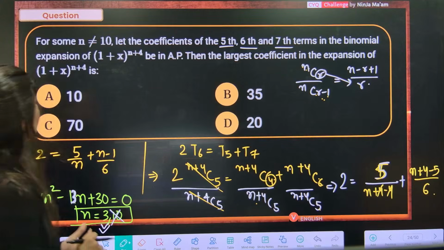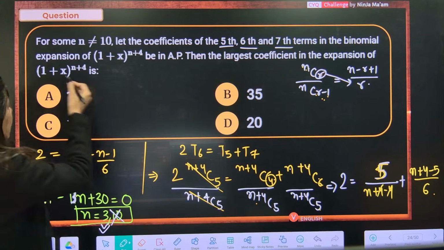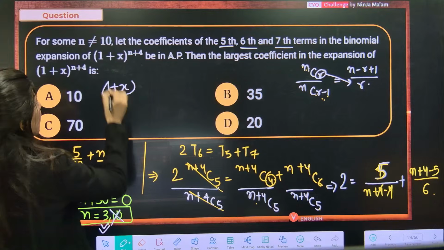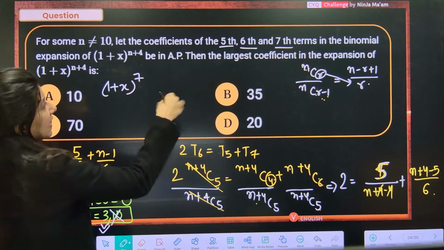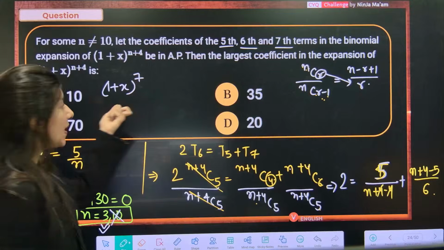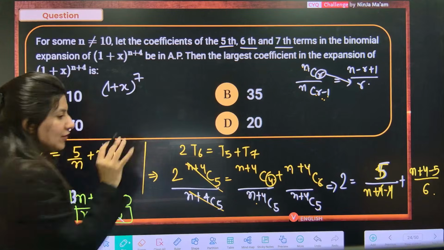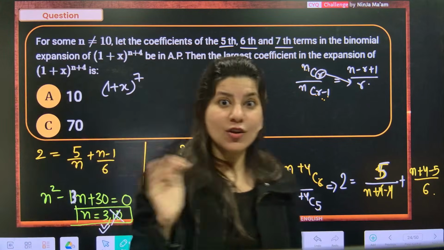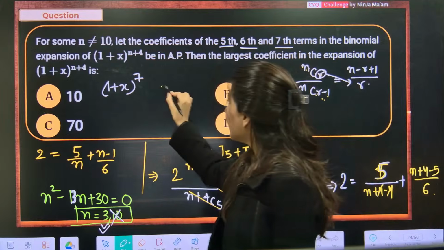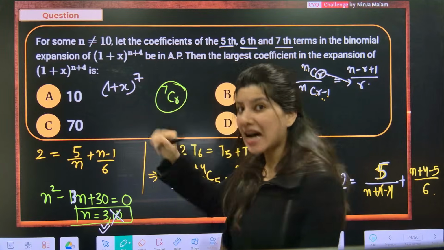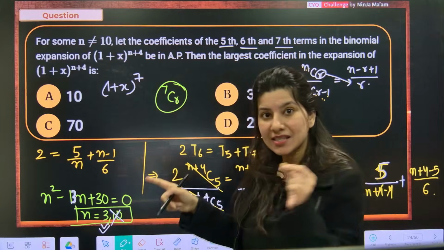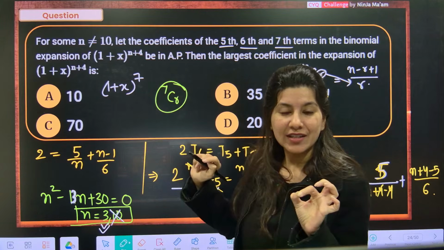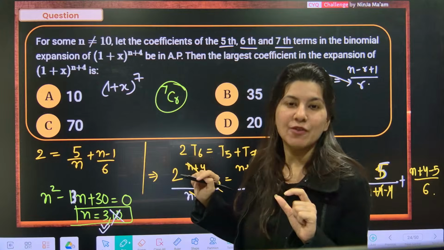The moment n is 3, we have (1 plus x) power 3 plus 4, that is 7. The largest coefficient in the expansion of this. Now the coefficient is 7Cr, and the largest one will happen when r is the middle of 7, like r is half of 7.